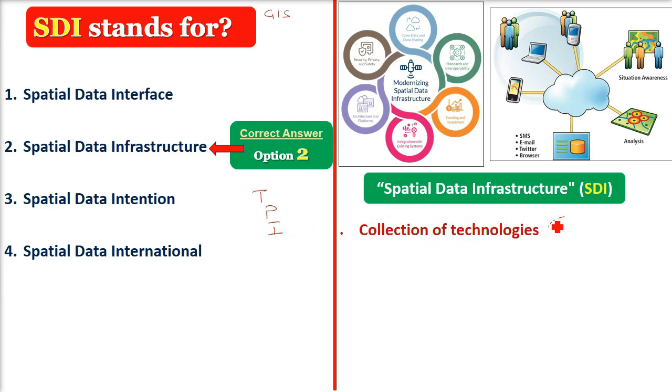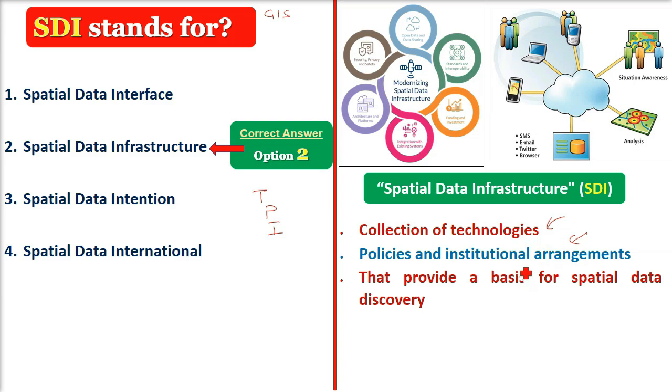So let me tell you again, the term spatial data infrastructure is used to describe the collection of technologies, policies, and institutional arrangements that provide a basis for spatial data discovery. So this is all about spatial data discovery. Spatial data infrastructure is made in such a way that it enables us to discover this spatial data in the way we want.